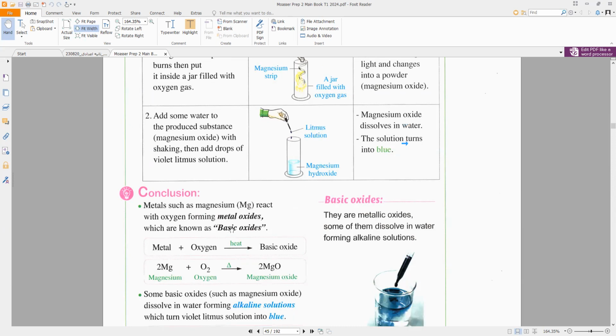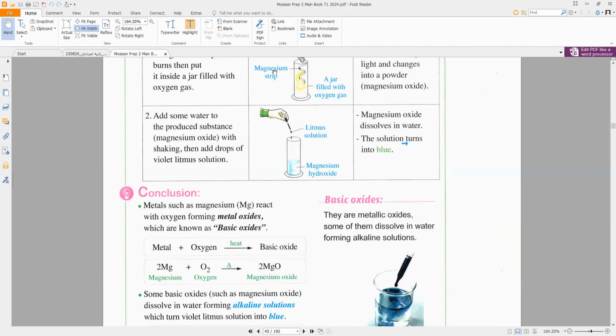Base means basic. A base is any compound that when dissolved in water forms hydroxide ion, a negative ion, in the reaction.